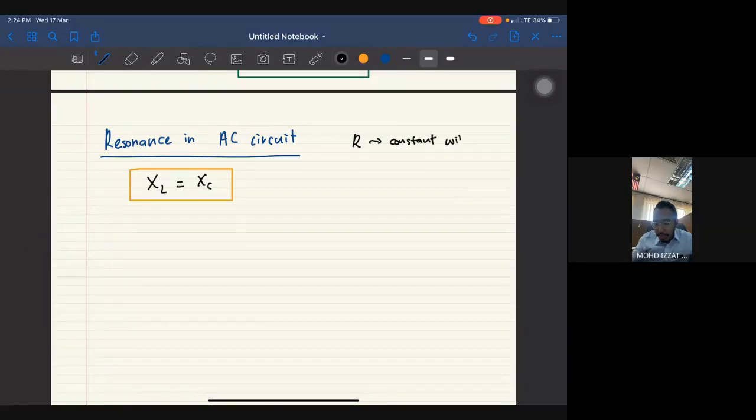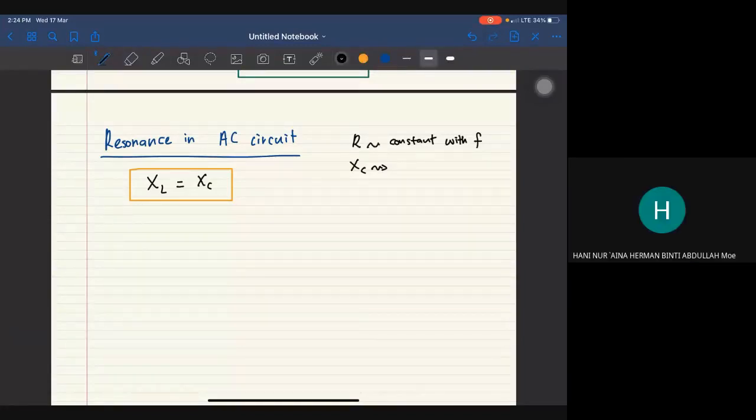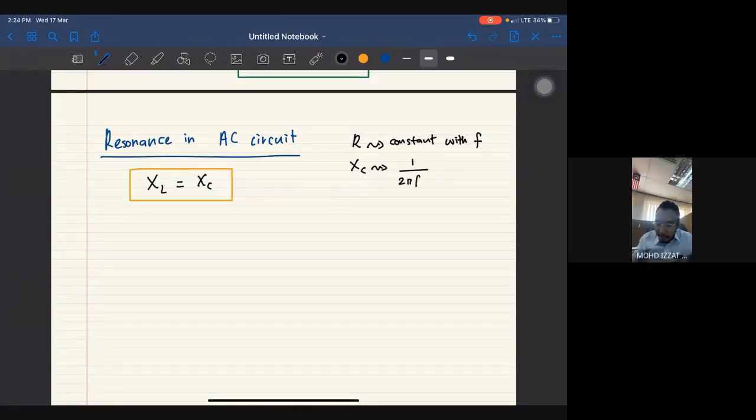With frequency. Okay, and then we have the equation of XC. What is the equation of XC? 1 over 2 pi F multiplied with capacitance. And then we have XL, which is 2 pi FL. Okay, so you know that these two, XC and XL, are frequency dependent.